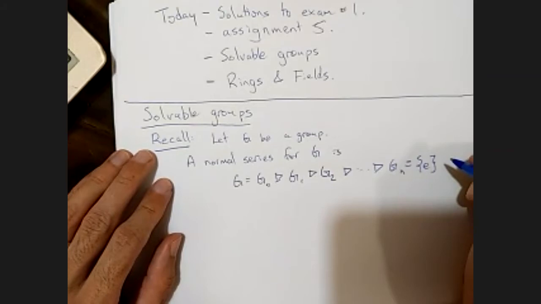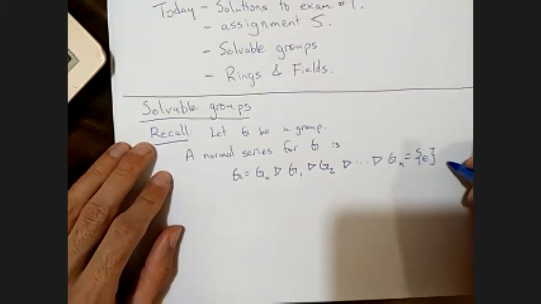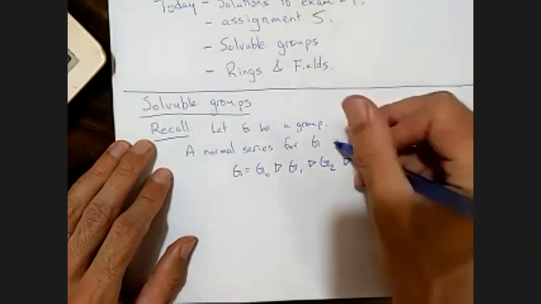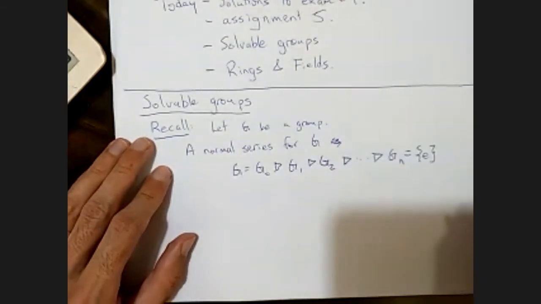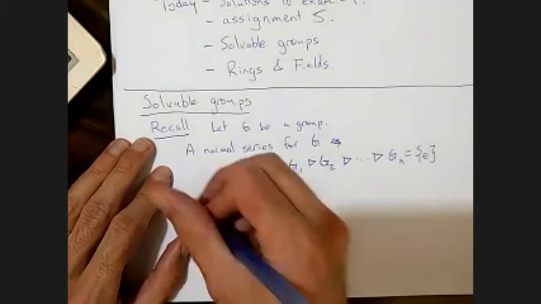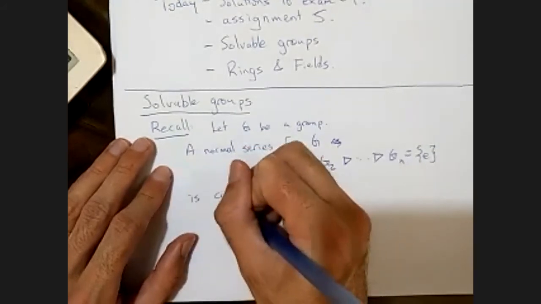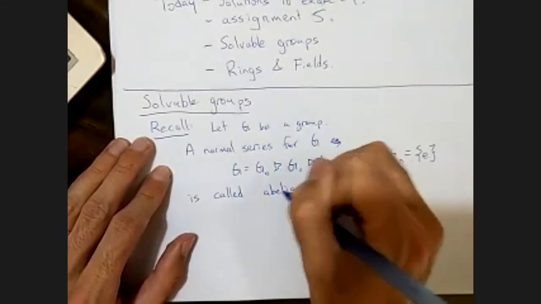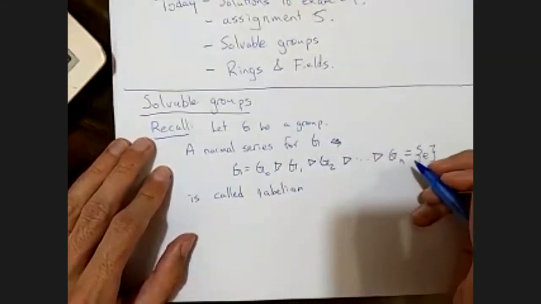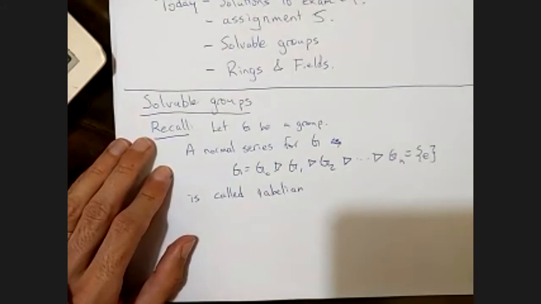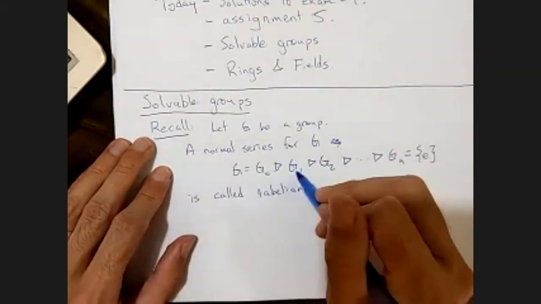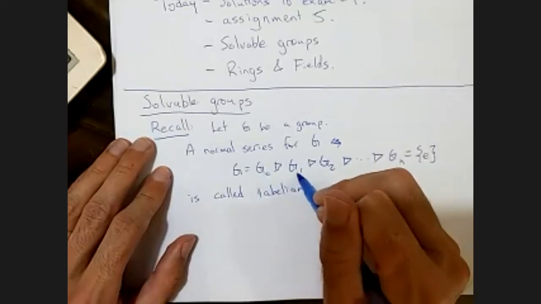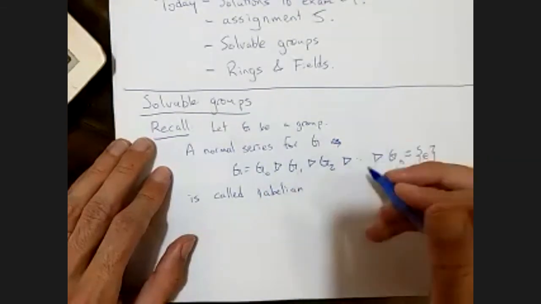A normal series for G is called abelian if each quotient of the bigger group by the next smaller group is abelian.